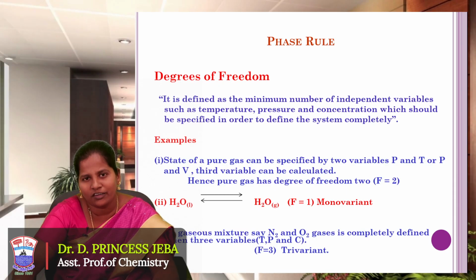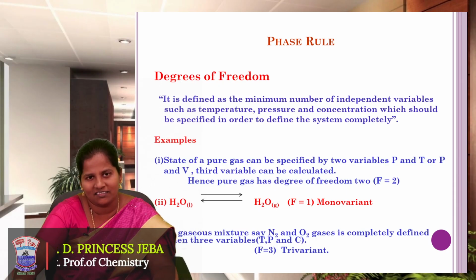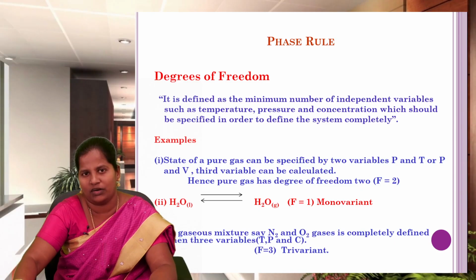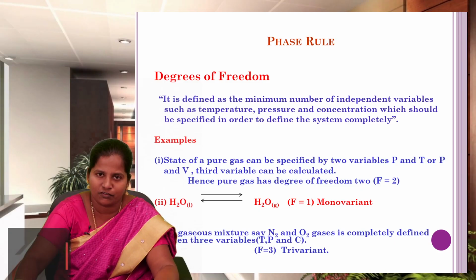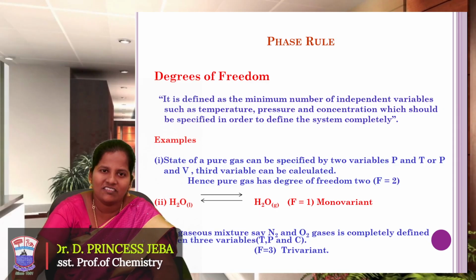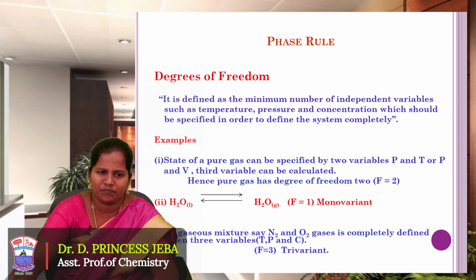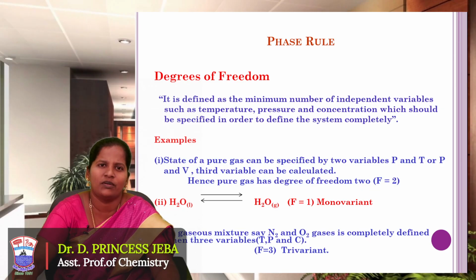For example, at 0 degrees Celsius ice alone exists, or ice is in equilibrium with water, whereas at 100 degrees Celsius, water is in equilibrium with vapor. So temperature is a variable which gives a complete definition of the number of phases in which a component exists in equilibrium.